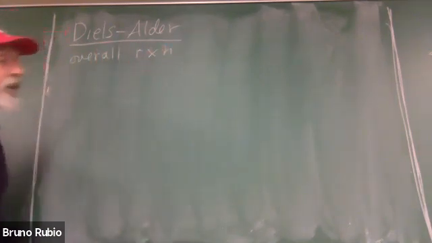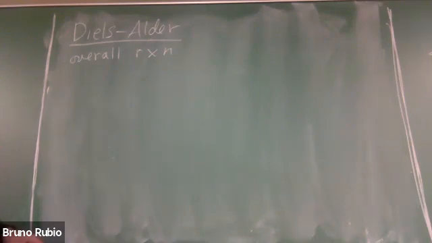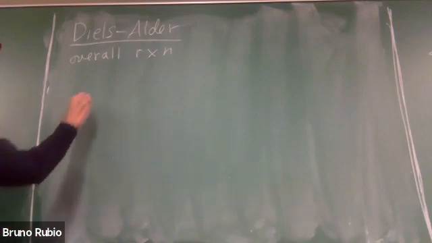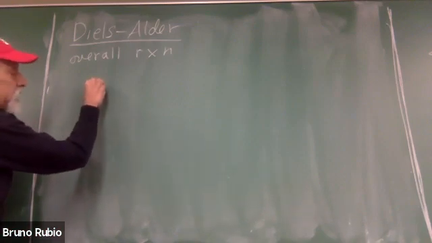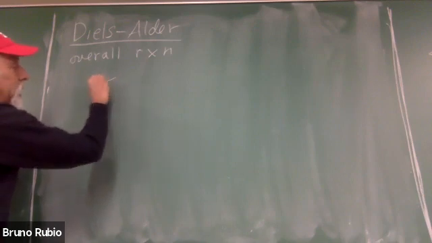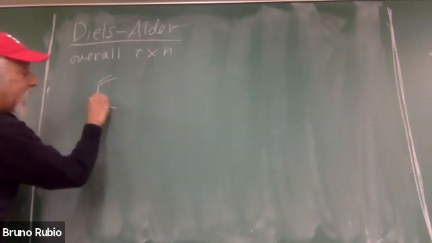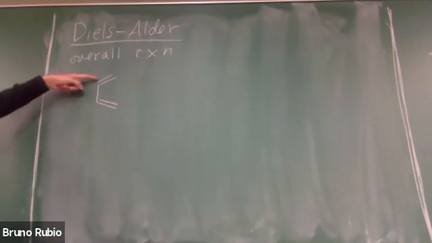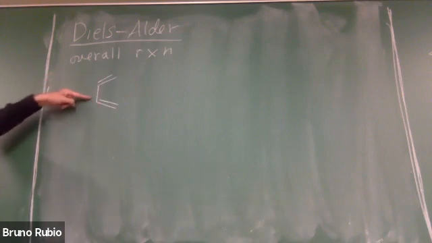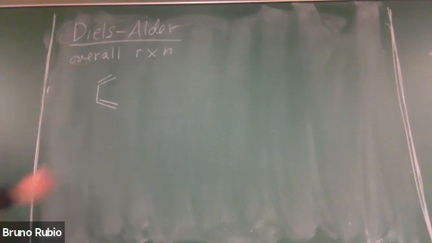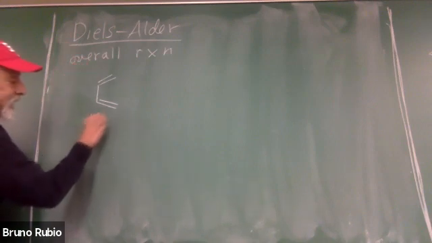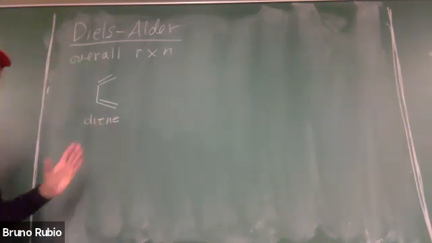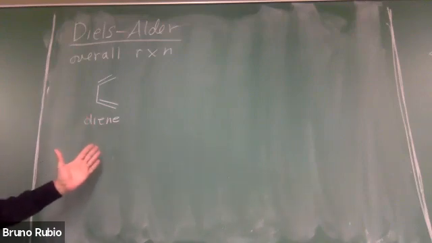RxN means reaction. So the Diels Alder reaction involves two components. The first component is called the diene, and this has to be a conjugated diene, where the two double bonds of the diene are separated by one single bond. Okay, so this is the diene, and I don't want to get into this right now.